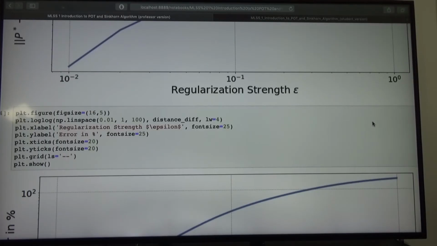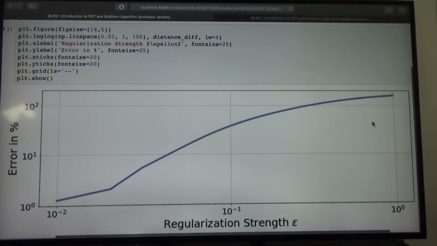Okay, and if you plot the same thing, but not in terms of the error of the solution, but in terms of the value of what you get, you see the same thing happening. If you take epsilon small enough, because you have the convergence of the optimal transport plan, obviously you have also the convergence of the cost. That is just a linear function of this optimal map, optimal coupling, right?